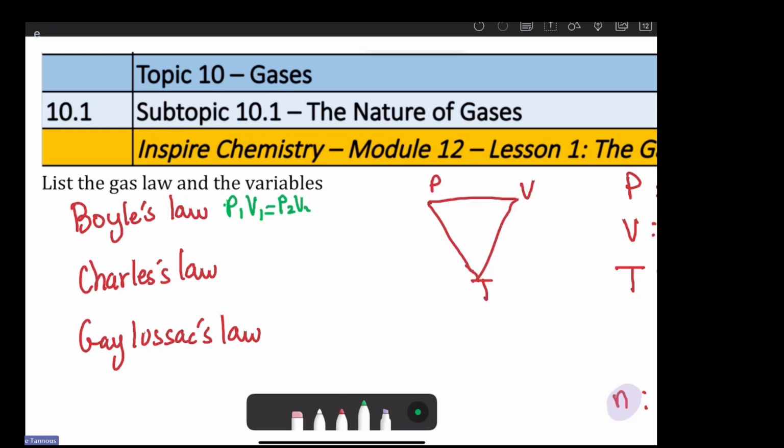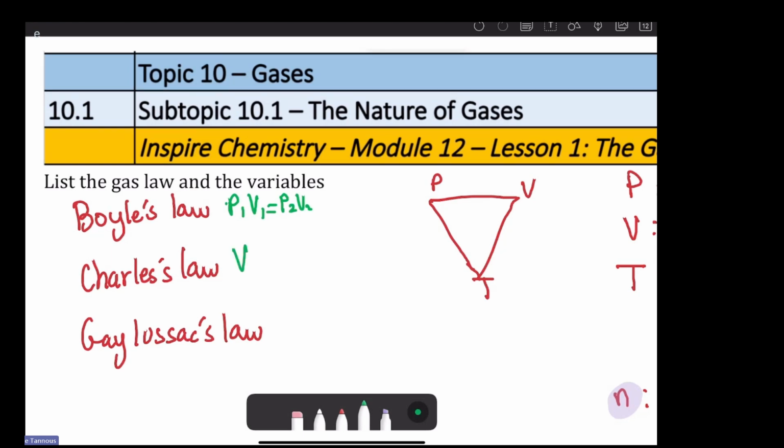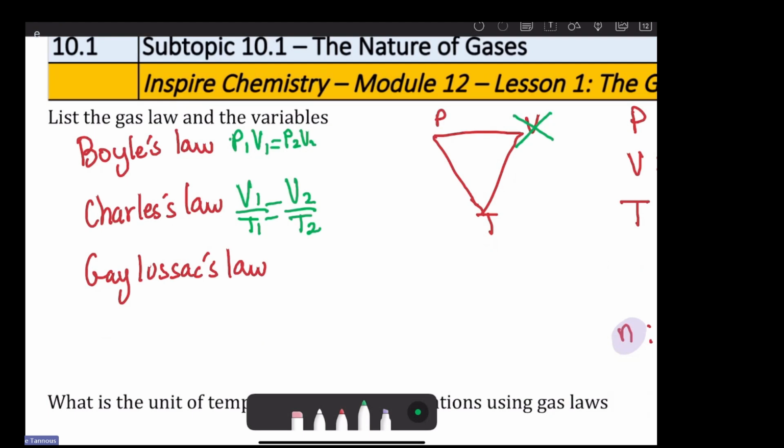Charles' law is at constant pressure. So it's volume over temperature. V1 over T1 equal V2 over T2. Gay-Lussac's law is when the volume is constant and it's the pressure over temperature.